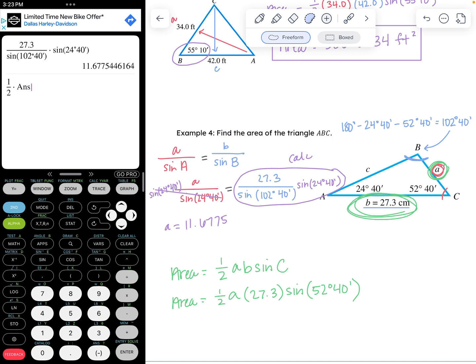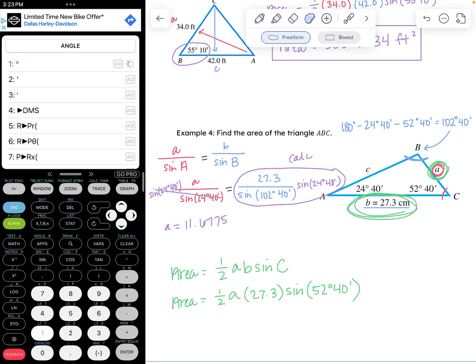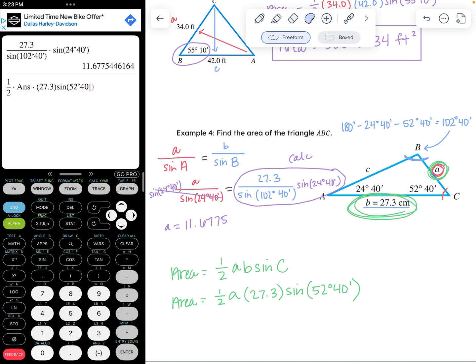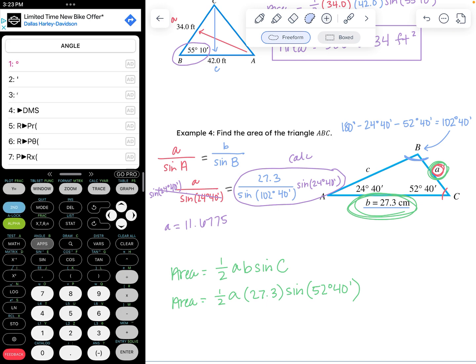So you're not looking at the rounded number, it's the exact answer times that 27.3, and then I'm going to multiply it by the sine of the 52, second apps 1, and 40, second apps 2.